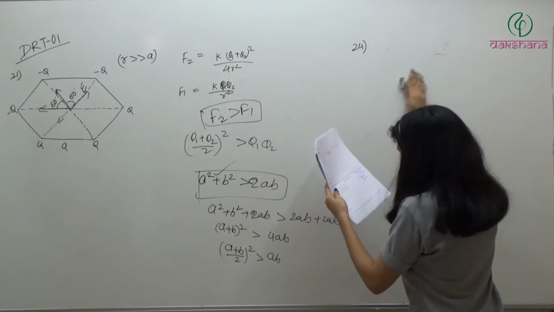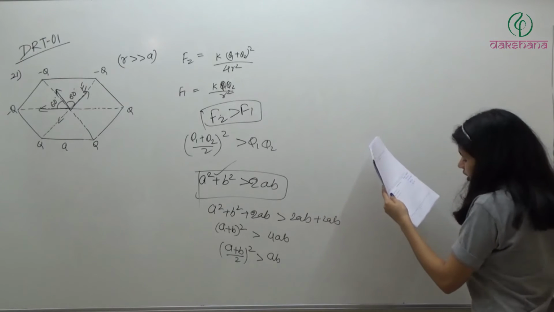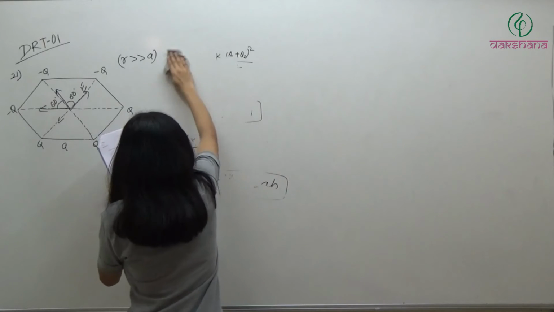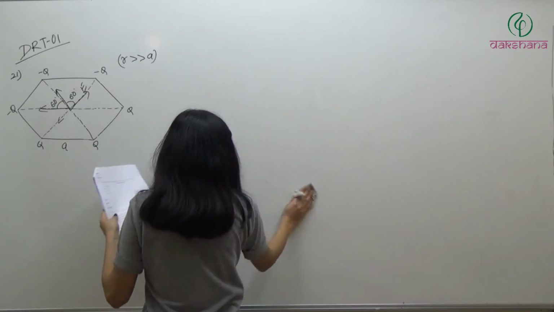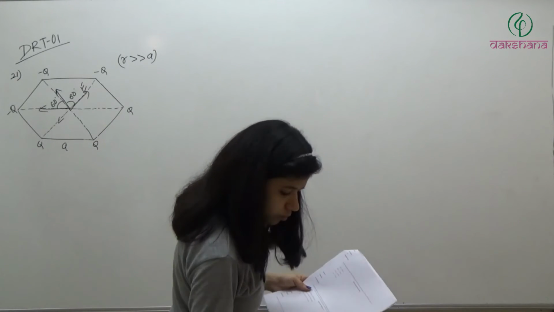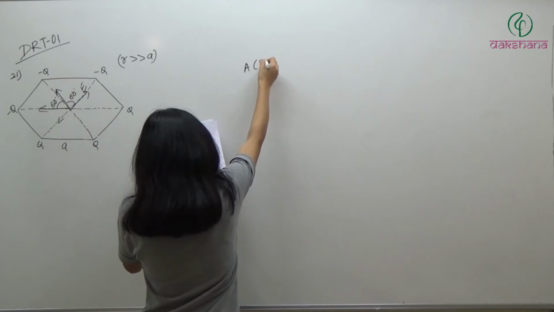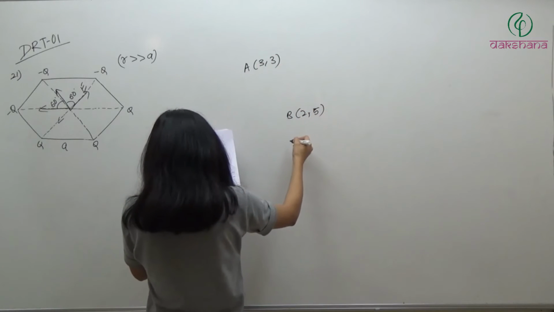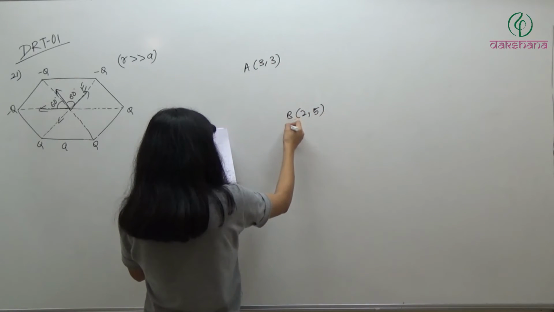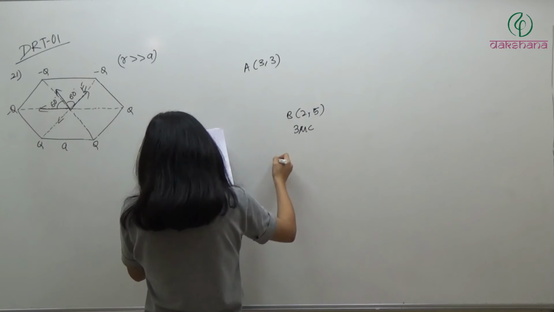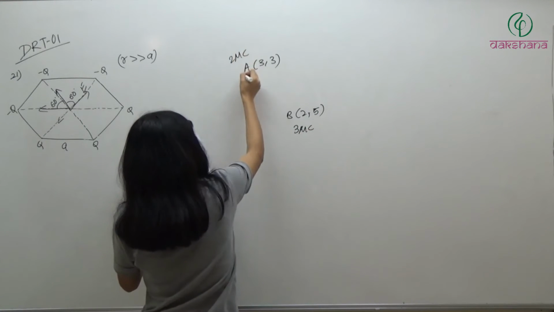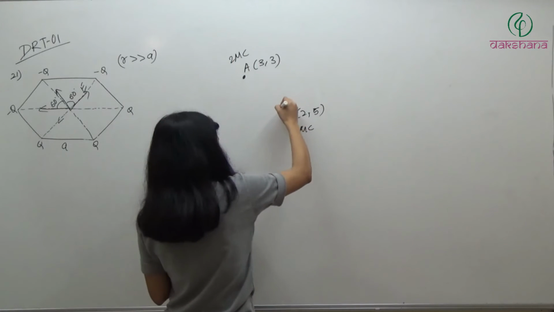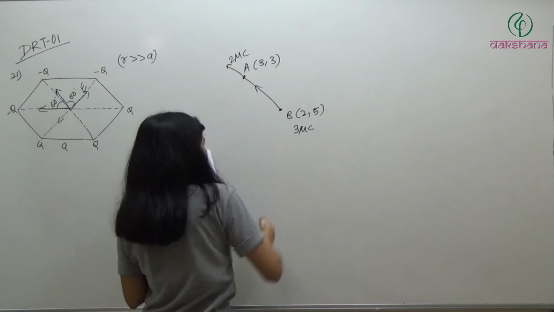If distances are in SI units, the electrostatic force on A due to B is, so electrostatic force on A due to B. So A is (3,3) and B is (2,5), and here we have 3 microcoulomb and here we have 2 microcoulomb. So this is one point, this is another point. So electrostatic force on A due to B will be something like this, in this direction, है ना?